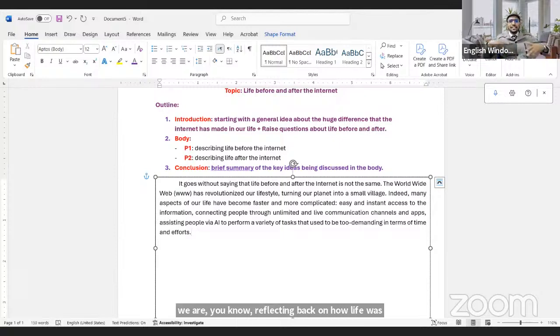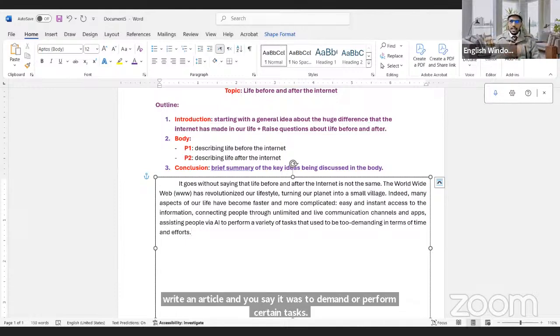Before AI, I think that life was a little bit hard. It was challenging. It was too demanding. If you wanted to write an article or an essay, it was too demanding to do that before the AI.